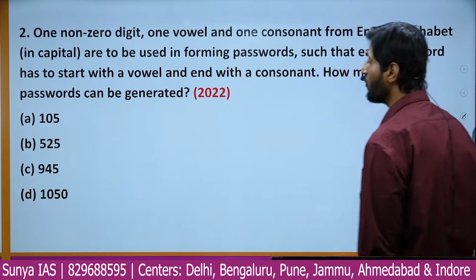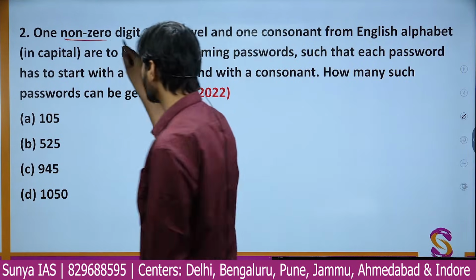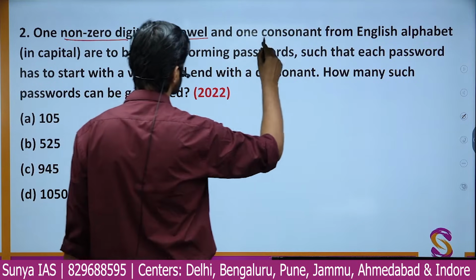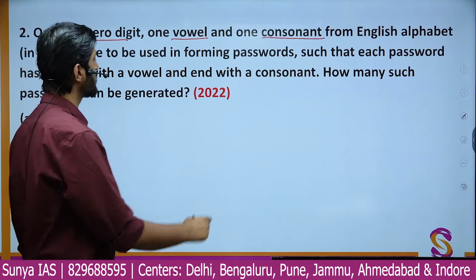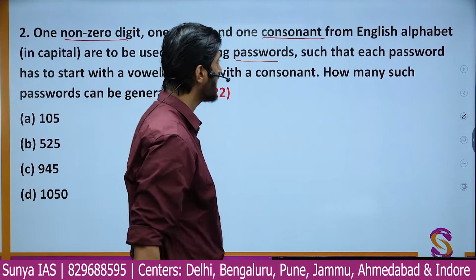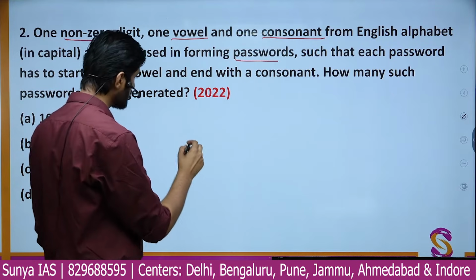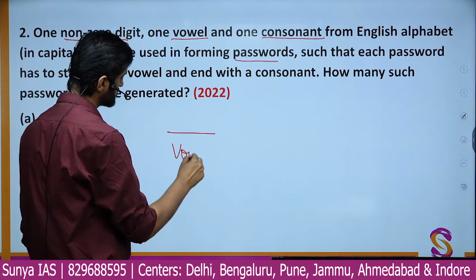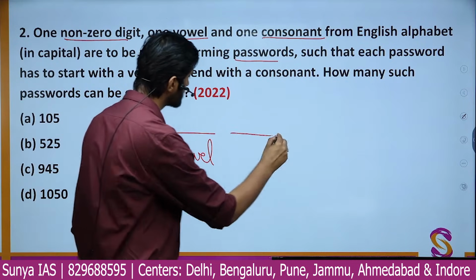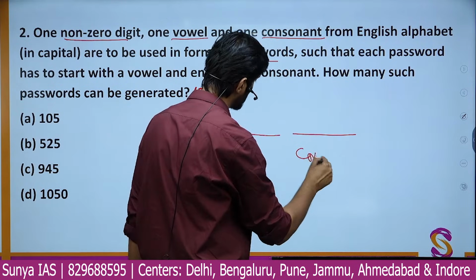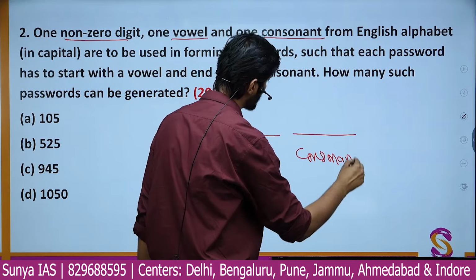It says one non-zero digit, one vowel and one consonant from the English alphabet are to be used in forming various passwords such that each password has to start with a vowel, and it has to end with a consonant. So what will be in between?